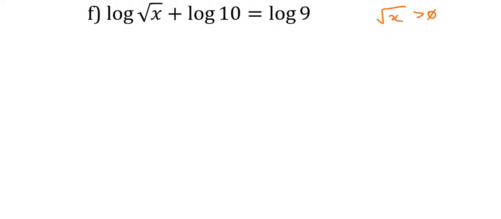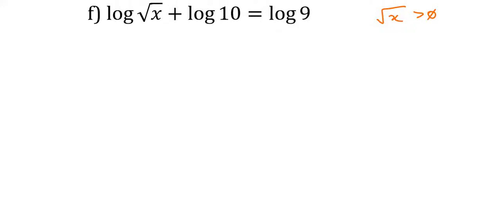But what's the restriction on that? Greater than or equal to, because we can't take the square root of a negative. And if it was 0, the square root of 0 is 0, that still wouldn't work here. This doesn't come up very often, I don't think.